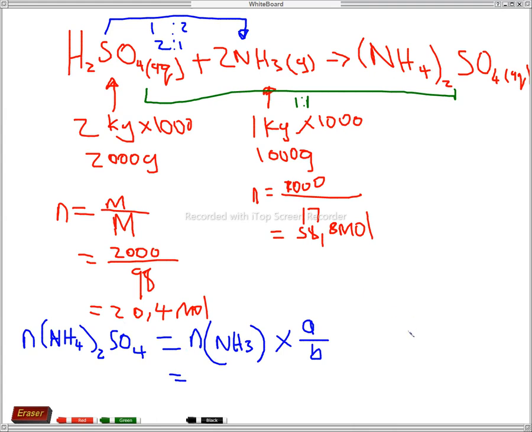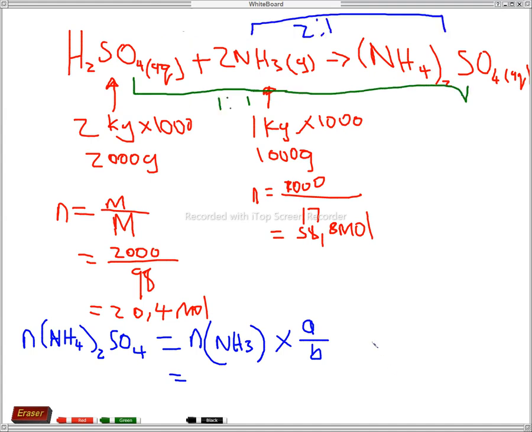Let me check my things properly. Yeah, now I did fix it, because the ratio is the first compound here with the products, and then this one with that one. That's why it's 1:1, 2:1. You understand? Sorry about that.